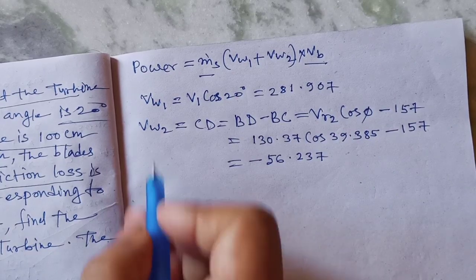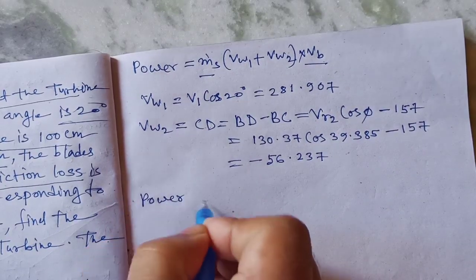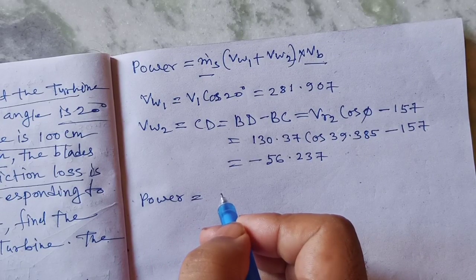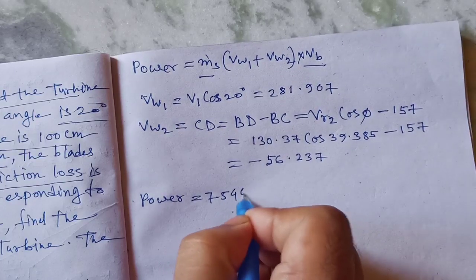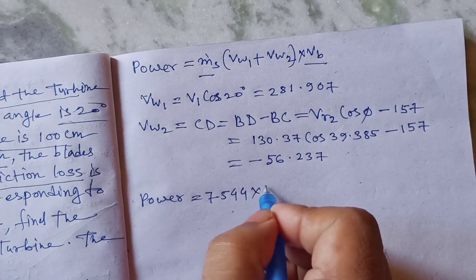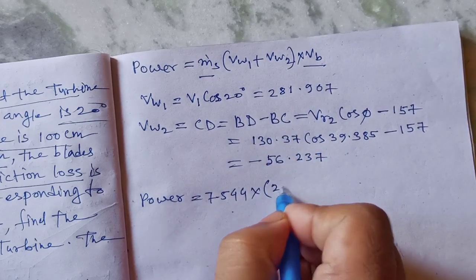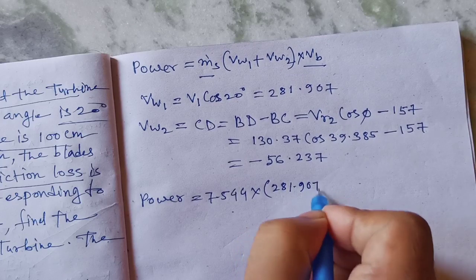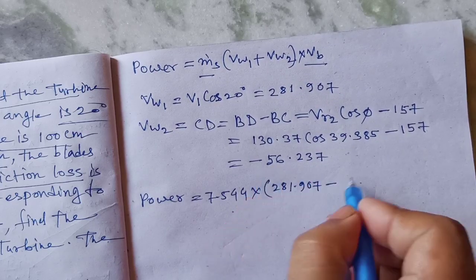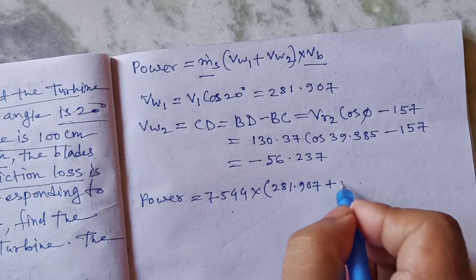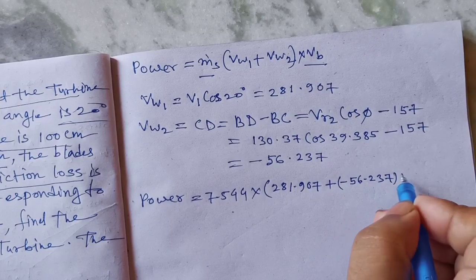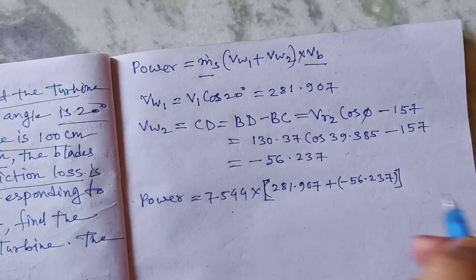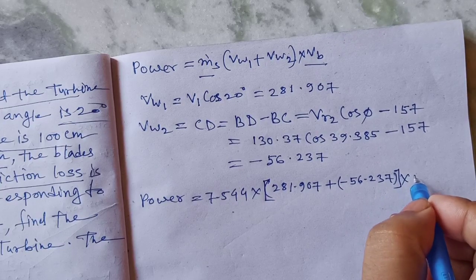Okay. Now put this in the equation: power equals m dot s, which is 7.544, into Vw1, which is 281.907, minus 56.237, into VB.